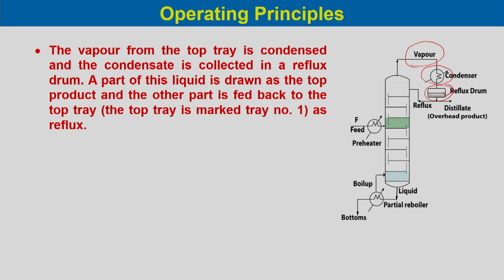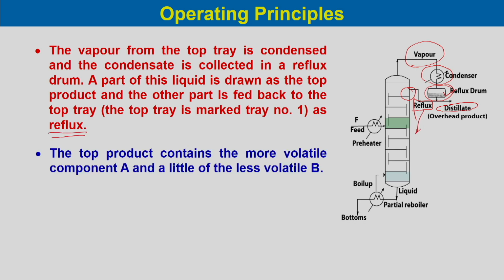A part of this liquid is drawn as the top product, which is the distillate, and the other part is fed back to the top tray, that is top tray marked as number 1, which is over here. So, it enters at the top tray as a reflux. We call this liquid fed back to the column at the top tray the reflux.